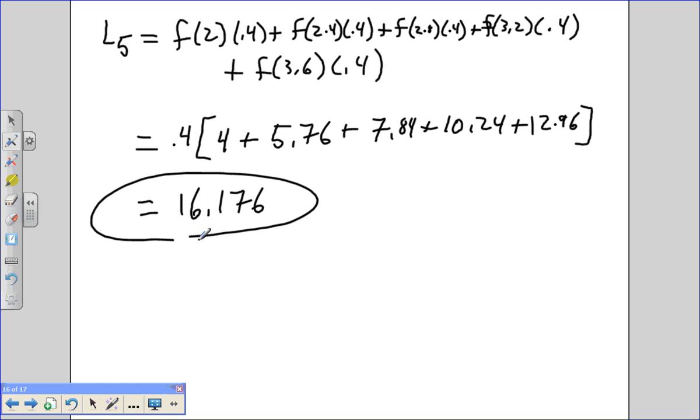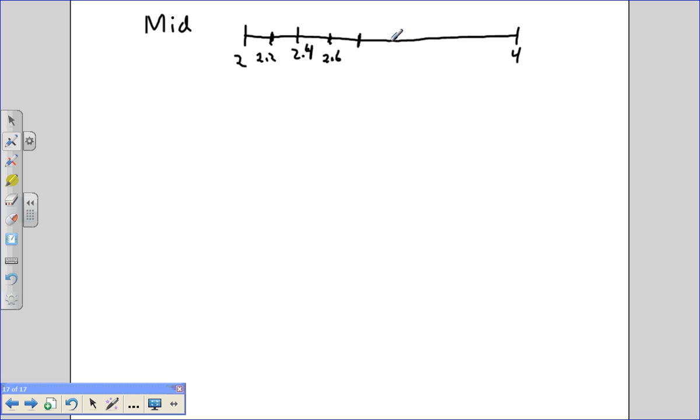But now for my midpoints, I have to recalculate, because now we're going from 2 to 4. The midpoint of the first one is going to be 2.2. The midpoint of the next one is going to be 2.6. The next one is going to be 3.0.